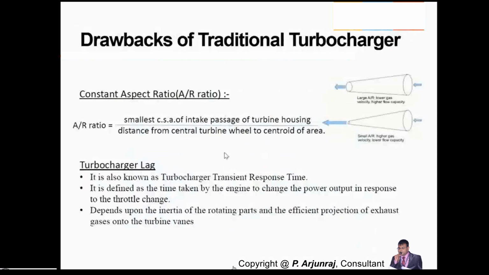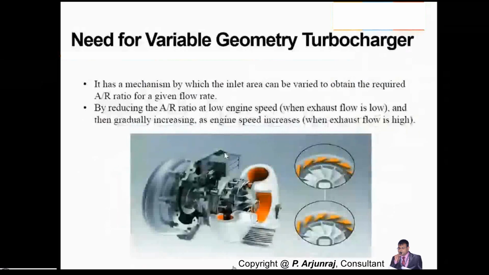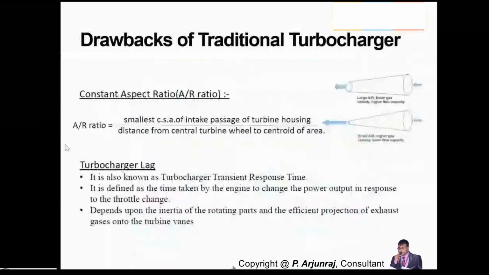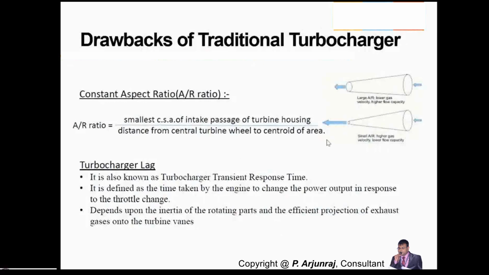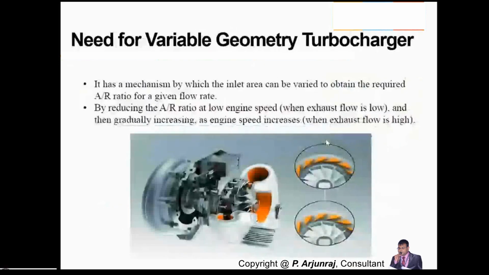I told you it all depends on various factors, one of which is the turbo lag and the design itself. When you're considering the turbine wheel, having some circle with some diameter, you also need to consider the centroid of the particular turbine, and maintain a constant aspect ratio for that engine.